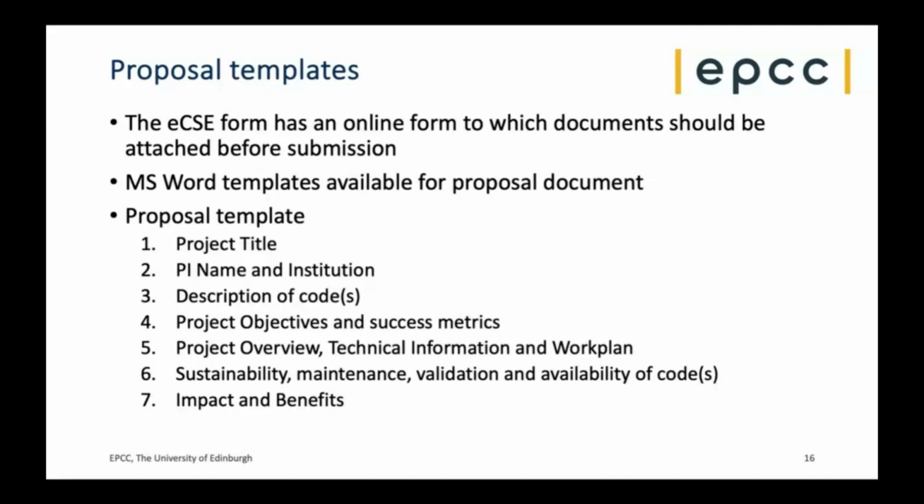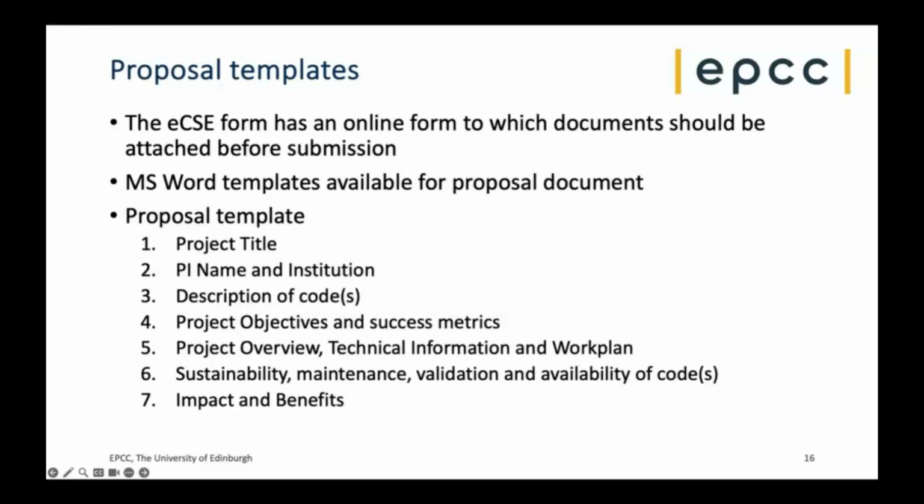Sounds like quite a lot, but actually the first 2 are pretty trivial: project title and PI name and institution. The only thing I would say there is use the same title in this form as you use on the SAFE, otherwise it gets a bit messy. And then sections 3 to 7 are the meat of the proposal, and I will talk about each of those sections in the next few slides.